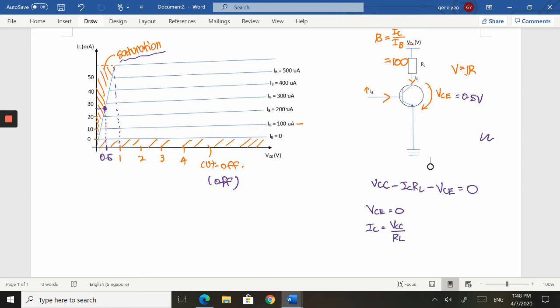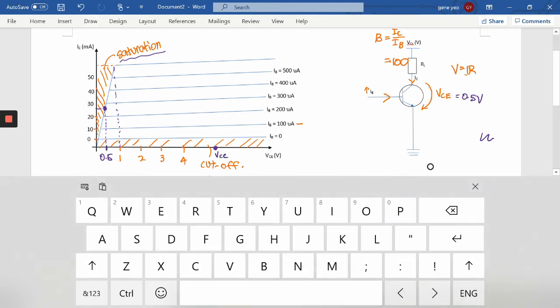And if my IC is 0, it means my VCE equals VCC, when this whole thing becomes 0. So with these 2 points, I can plot: when IC equals 0, this is actually my VCC value.